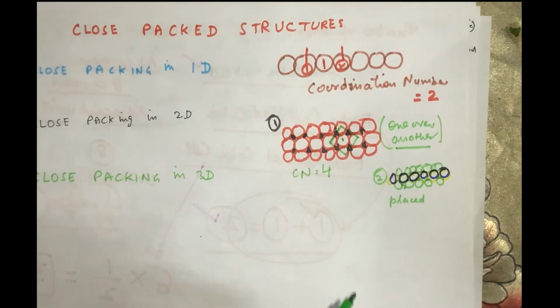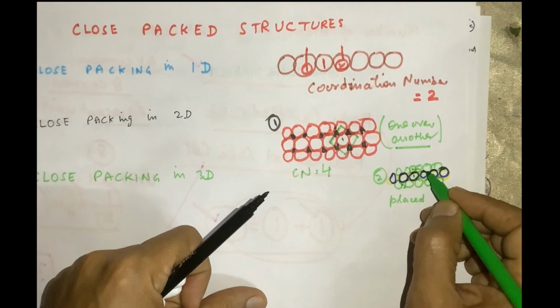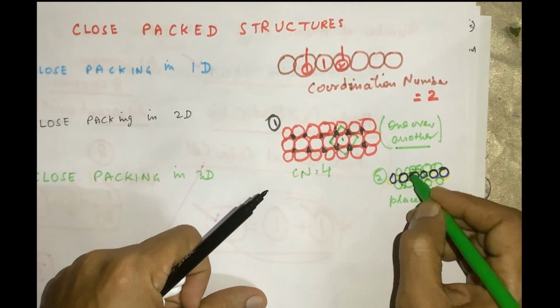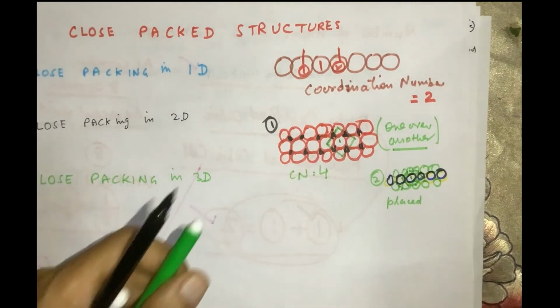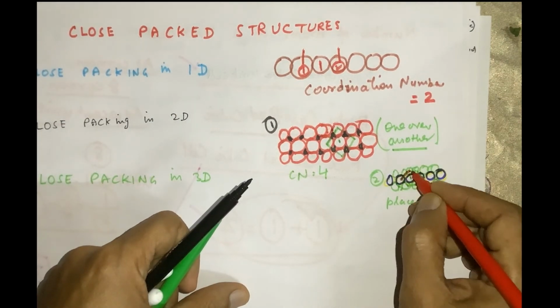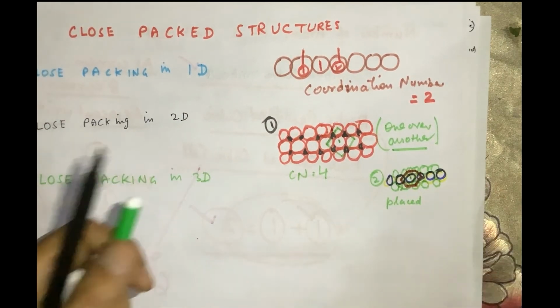So in this case, if this is the particle, there are 6 surrounding particles which are in contact with the center particle.